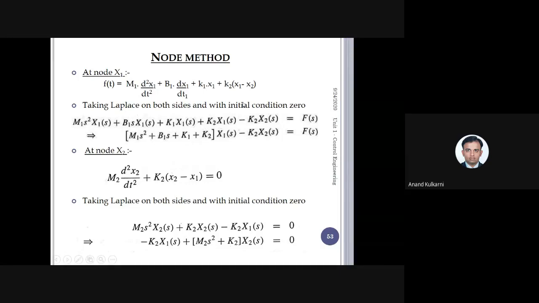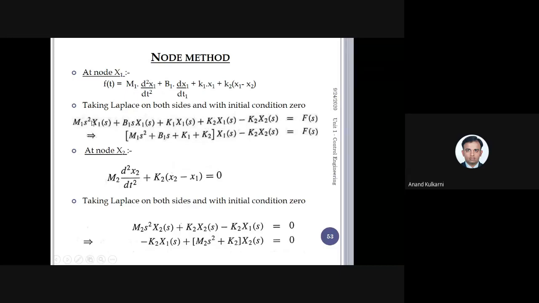When we are taking the Laplace transform, just observe here, m1 is going to be retained. If it is an acceleration term, we get s square. If it is a velocity term, we get s. If it is a displacement term, there is no s term.